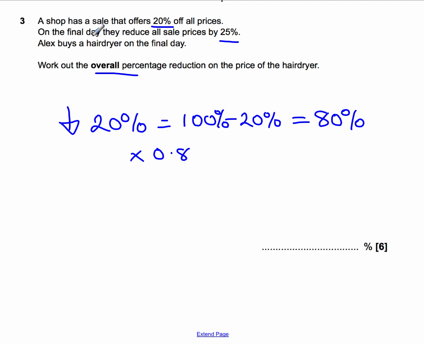Now, on the final day, we have a further 25%. So for a 25% reduction, the multiplier is 0.75.